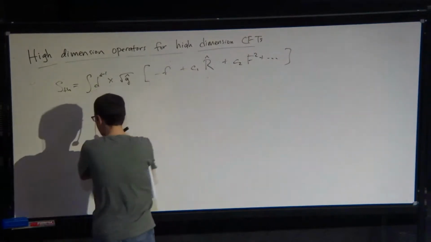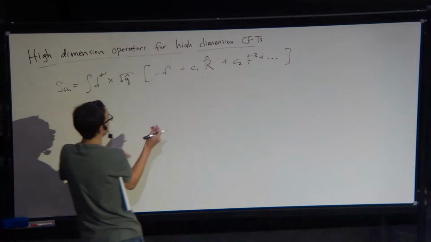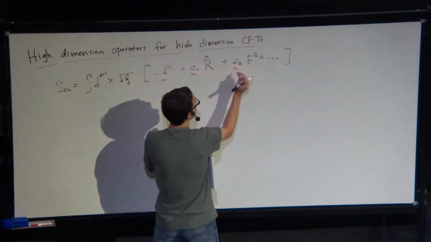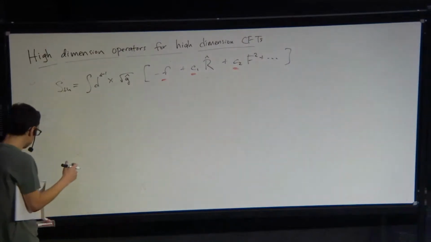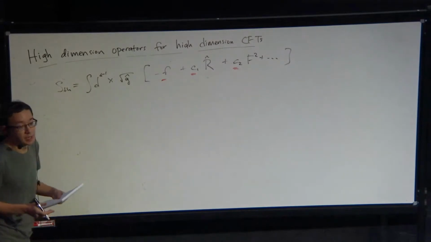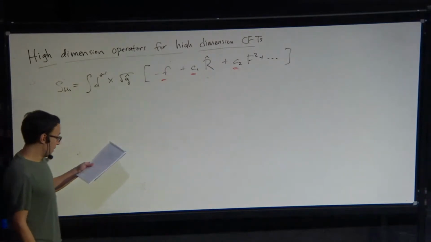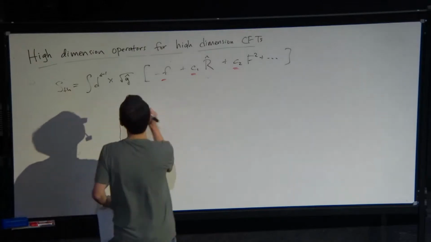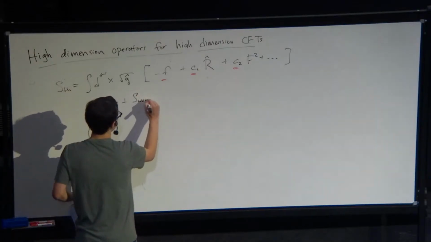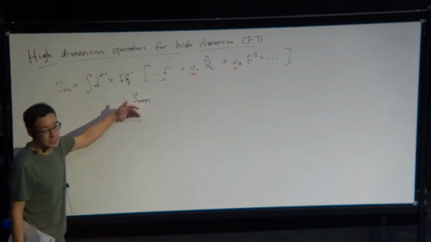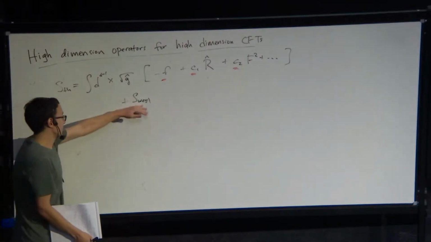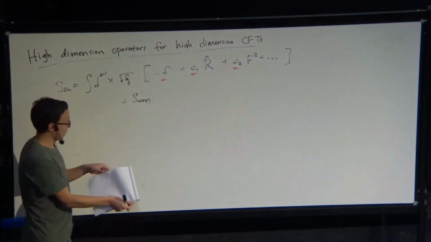And we use these unknown Wilson coefficients like f, c1, c2, to parameterize our ignorance of what the d-1 dimensional quantum field theory looks like. Oh, and there's also a Weyl anomaly term. This will depend on A or C in 4 dimensions, for example. And in odd dimensions, this won't be there.